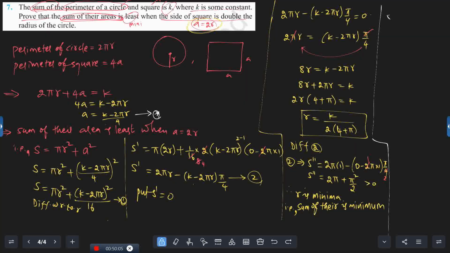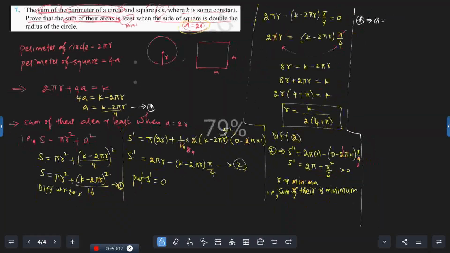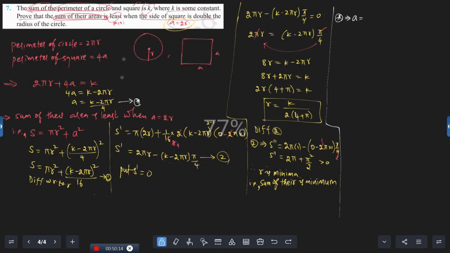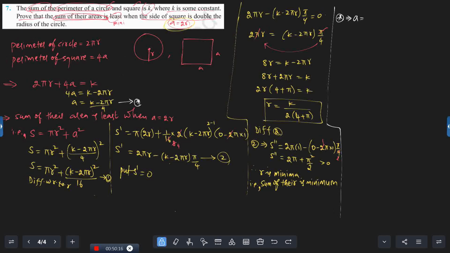So that star implies you have to bring A equal to what we have: K minus 2 pi R is there. Here I'm substituting.